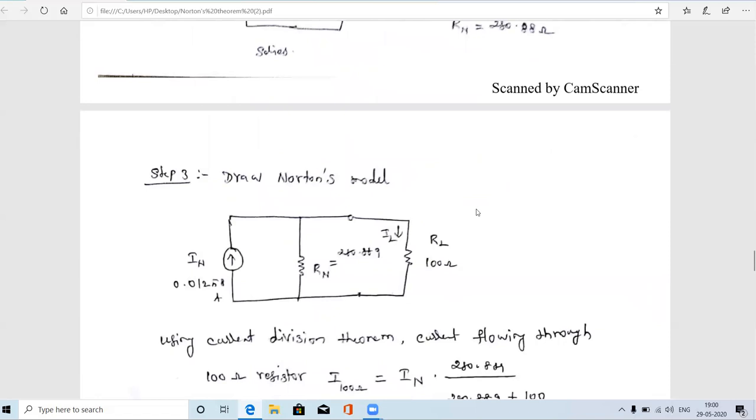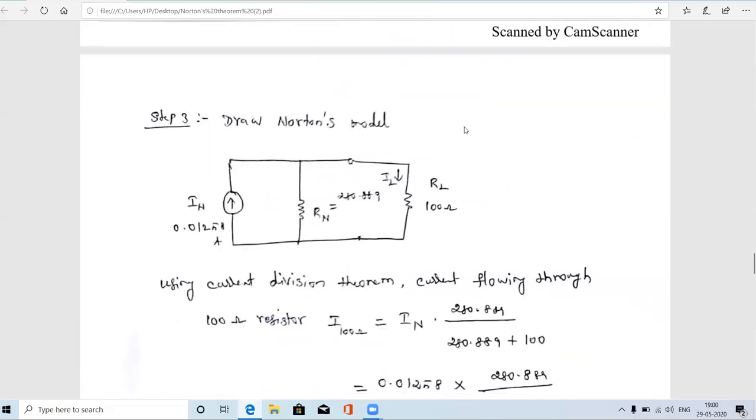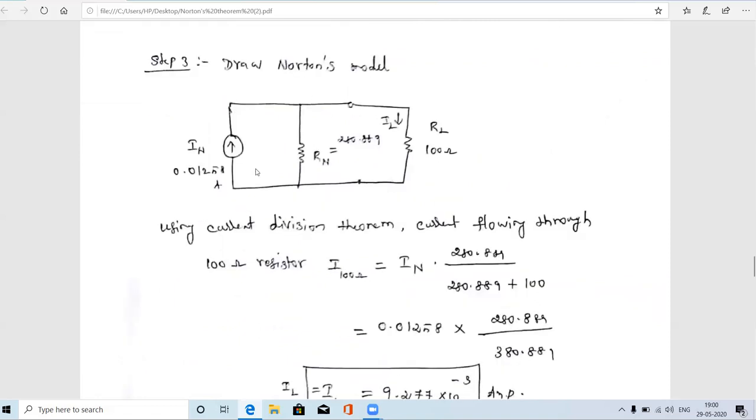After calculating the Norton's current and the Norton's resistance, the third step is we have to draw the Norton's model. So what is Norton's model? The Norton's current source, IN, in parallel combination with RN. We have to draw it, and it is said to be the Norton's model. Then this point is said to be AB. Across the points AB, finally we have to connect the load resistance.